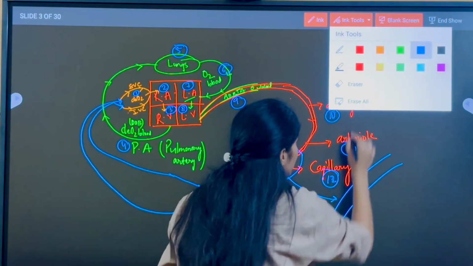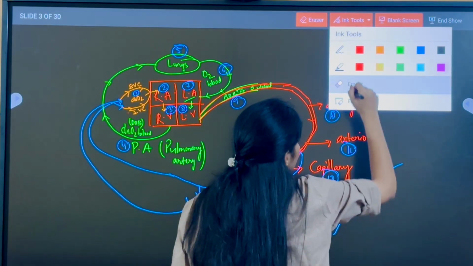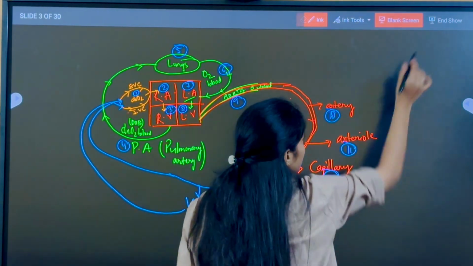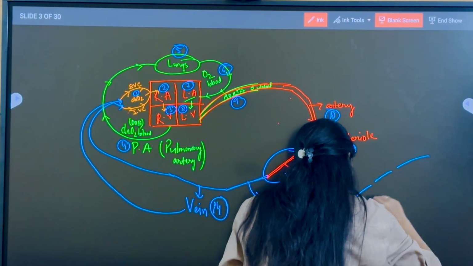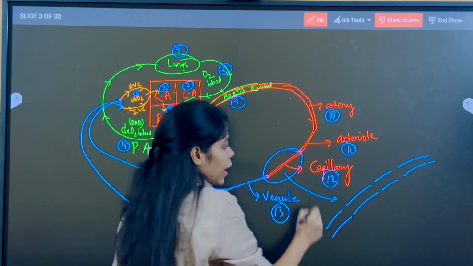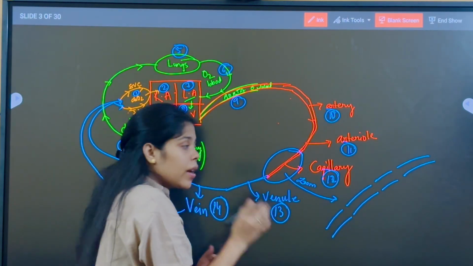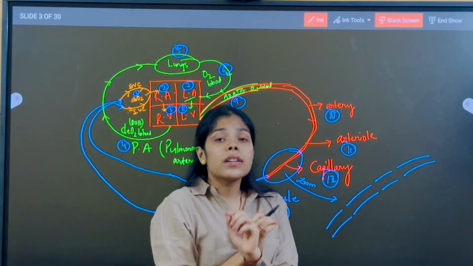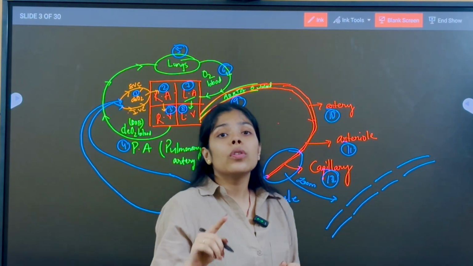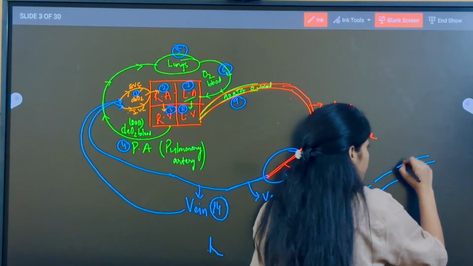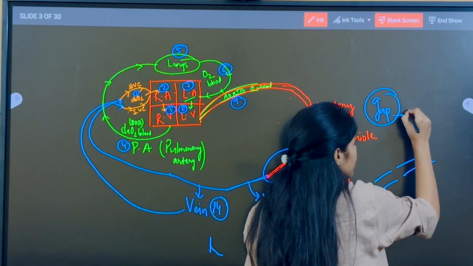In the capillary, we have small gaps, very fine gaps. These gaps are known as fenestrae.